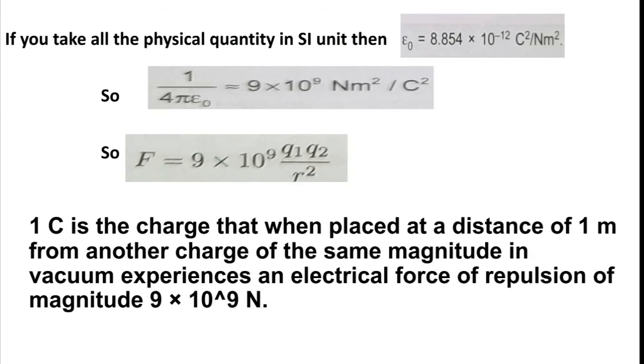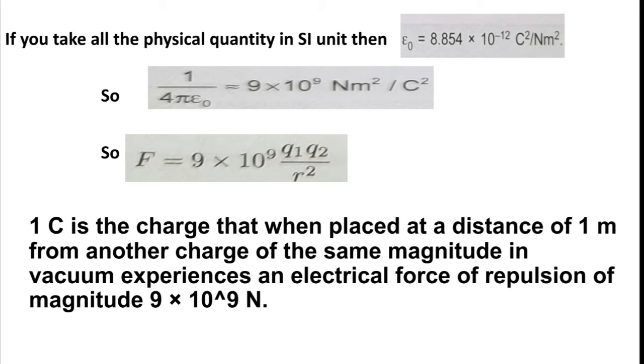Now, if you take all the physical quantities in the SI system, what is the value of epsilon 0? The value of epsilon 0 is 8.854 into 10 to the power minus 12 Coulomb square per Newton meter square.